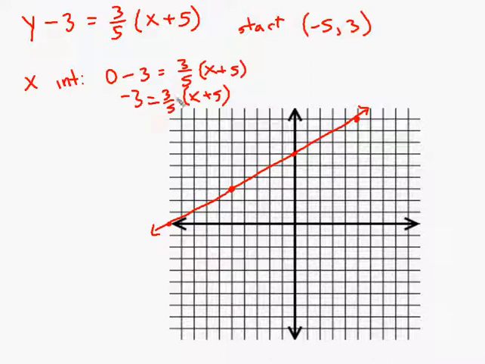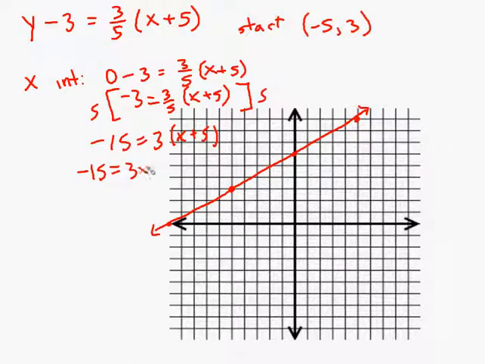We clear the fraction, so we multiply both sides by 5. So I get -15 equals 3 times x plus 5. These parentheses here basically protect that inside from that clearing, so it just happens to that first fraction. And now we can distribute that 3. We can subtract that 15, and we divide by 3 and get -10.